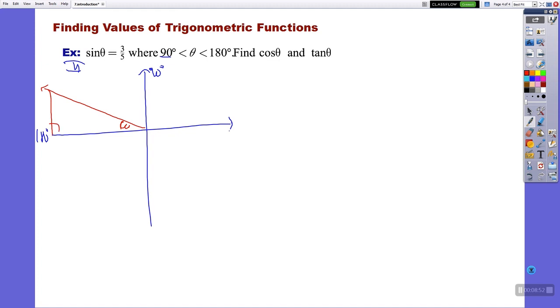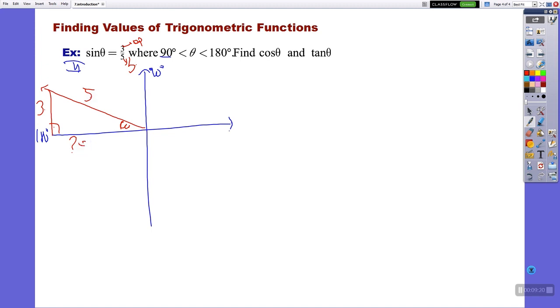Form a right triangle. You are given sine as 3 over 5. What is sine? Sine is opposite over hypotenuse. So your opposite side is 3, hypotenuse is 5. You need to find the adjacent side. You know opposite, you know hypotenuse, you don't know adjacent.